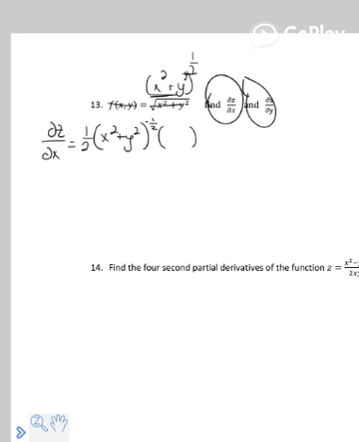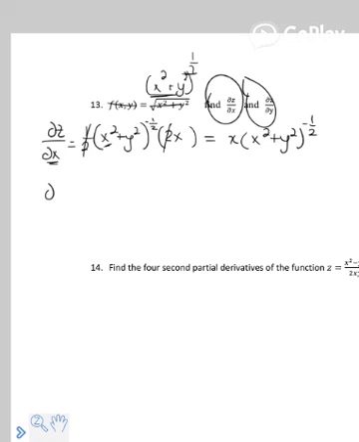Now this is a partial derivative with respect to x, so that means y squared is a constant, like any other number like 10 or 20, whose derivative would be 0, so the derivative would just be 2x. So the 1/2 and the 2 cancel, and you get x times x squared plus y squared to the negative 1/2.